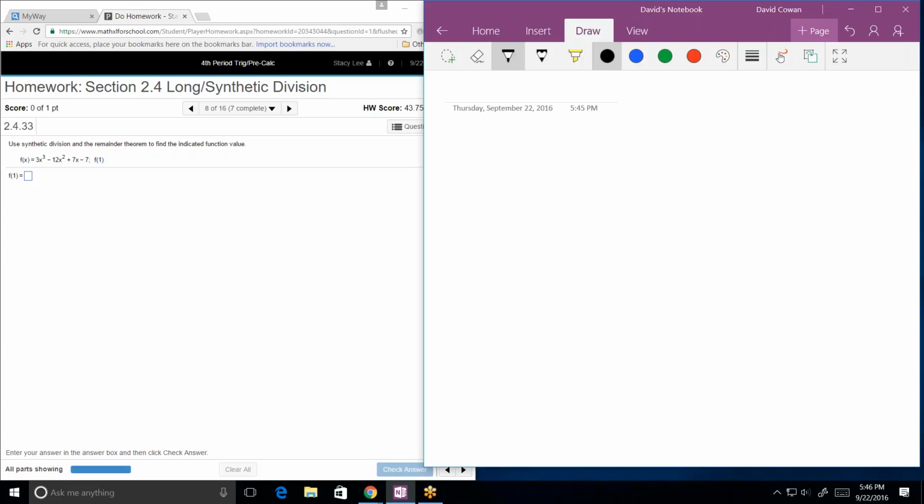But you can also do it using synthetic division and the remainder theorem. Well, let's try doing it using synthetic division. So across the top, we're going to have 3, minus 12, plus 7, minus 7. And then in the box goes that number, 1.